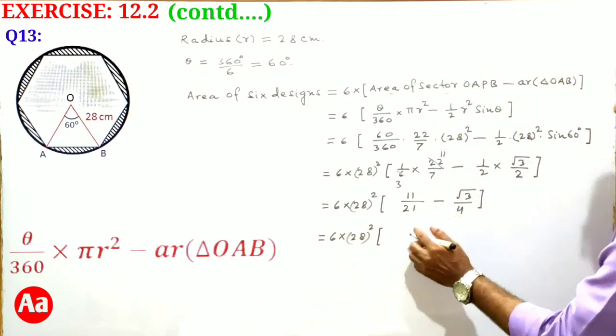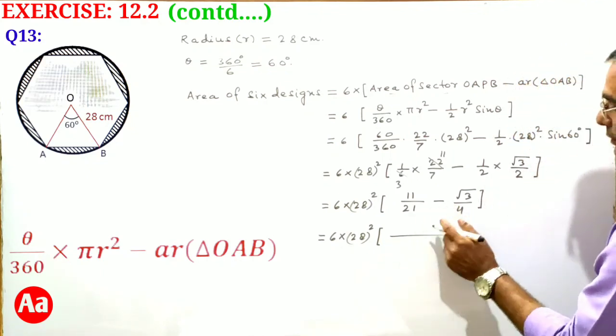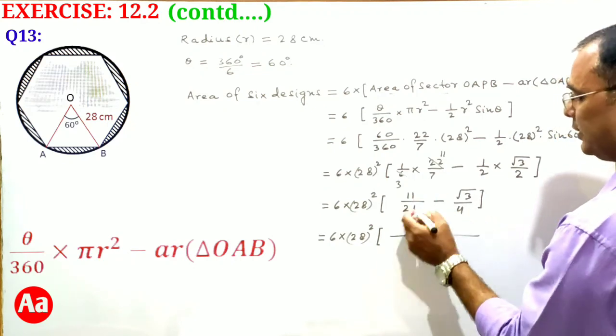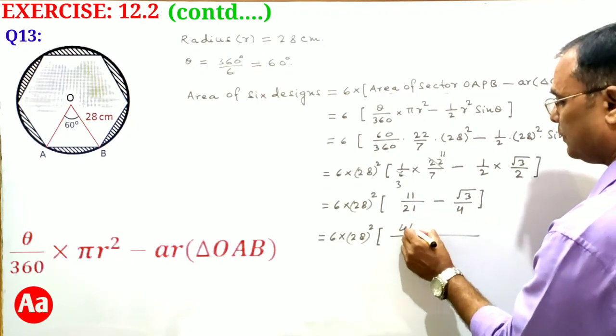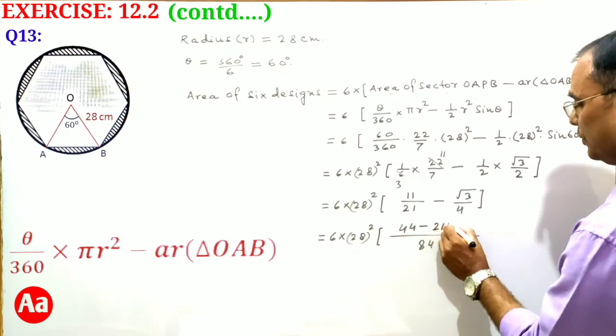Let's simplify this. Within this bracket, 21 and 4 LCM is 84. 4 into 11, 44, minus 21 root 3.